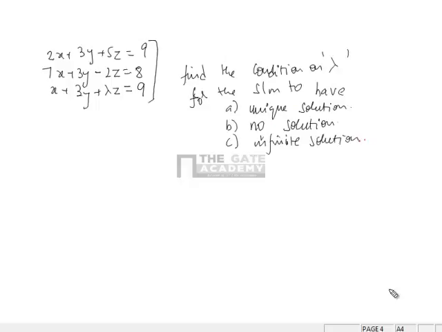How do we proceed now? This is the problem. Find the condition on lambda for the system to have part A unique solution, part B no solution, part C infinite solutions.